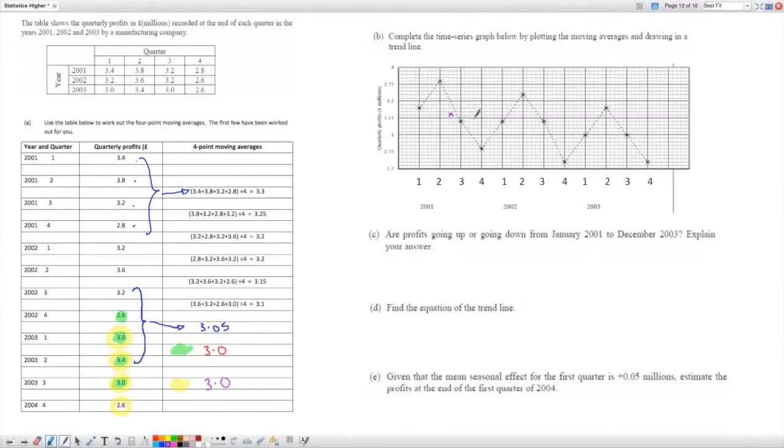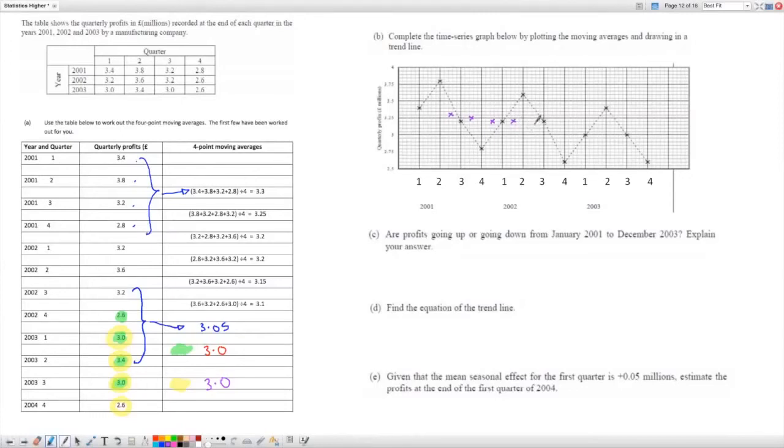Then moving across between Q3 and 4 here, and we have 3.25. Then moving now to the next, we have 3.2. Then again 3.2.